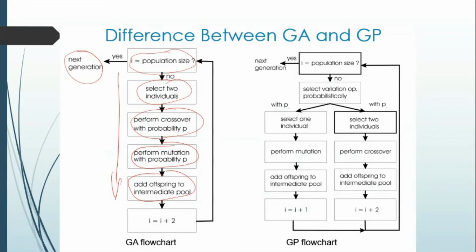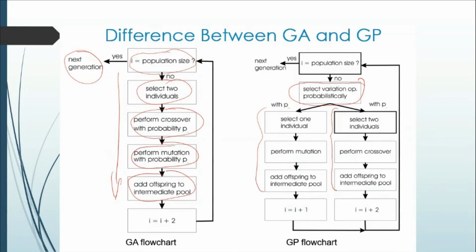But in the case of genetic programming, the difference is that the individual is selected randomly or probabilistically. Then some individuals go through crossover and some others go to mutation.